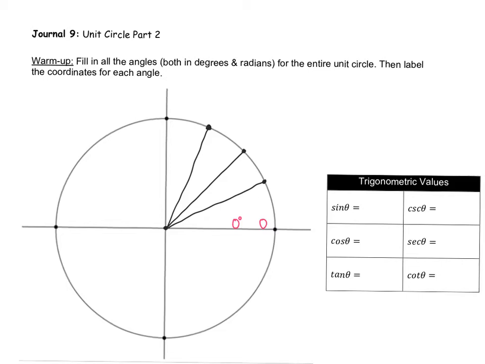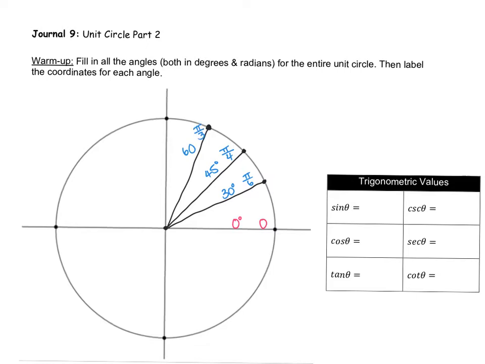And then afterwards, we learned that this angle here is 30 degrees, which is pi over 6. And after that is 45 degrees, which is pi over 4. And after that is 60 degrees, which is pi over 3. Write that a little bit nicer.